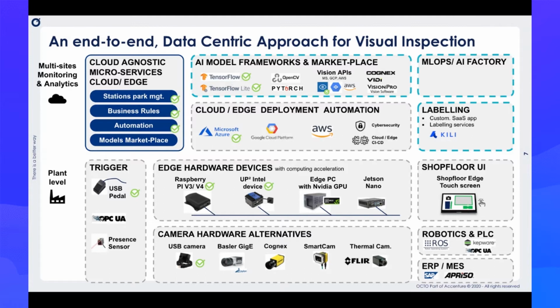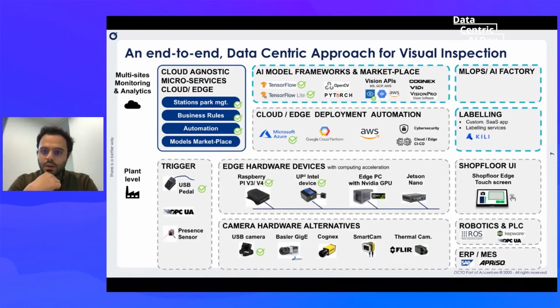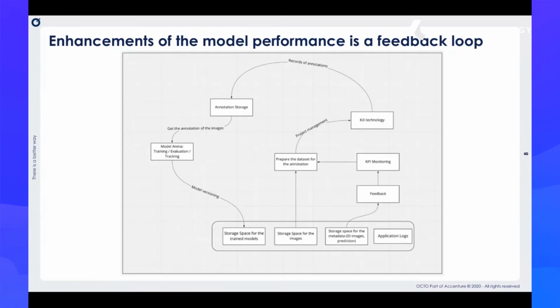So the information comes from the edge and is uploaded to the cloud. And I will focus only on the three main parts that are highlighted here in blue, to explain why we need an annotation platform and the role of an annotation platform in a data-centric approach.